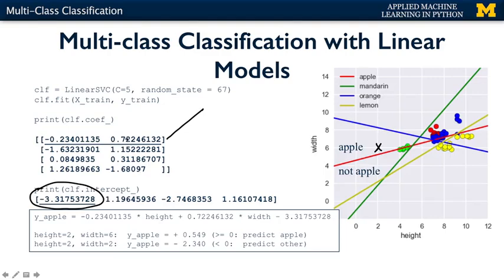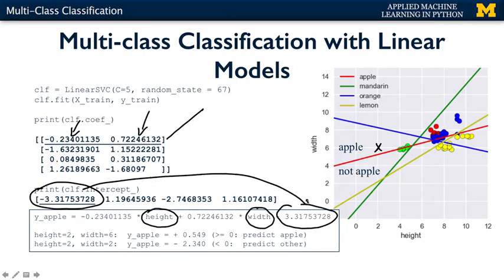So we can take the height feature, multiply it by the first coefficient, take the width feature, multiply it by the second coefficient, and then add in the third intercept feature, this bias term. And so to predict whether this object that has height of 2 and width of 6 is an apple, we simply compute this linear formula.